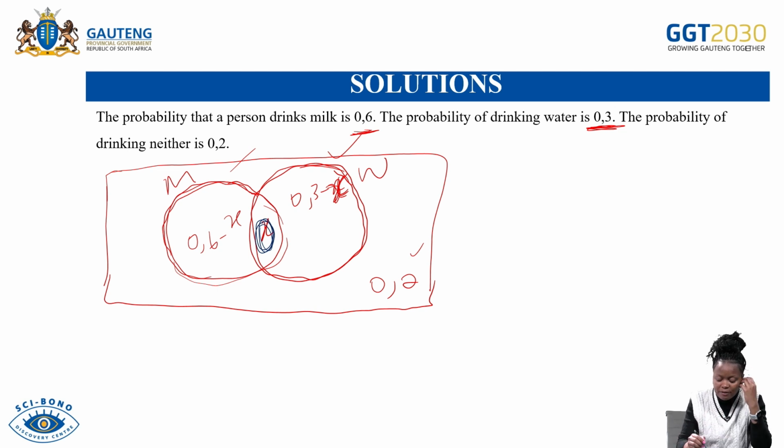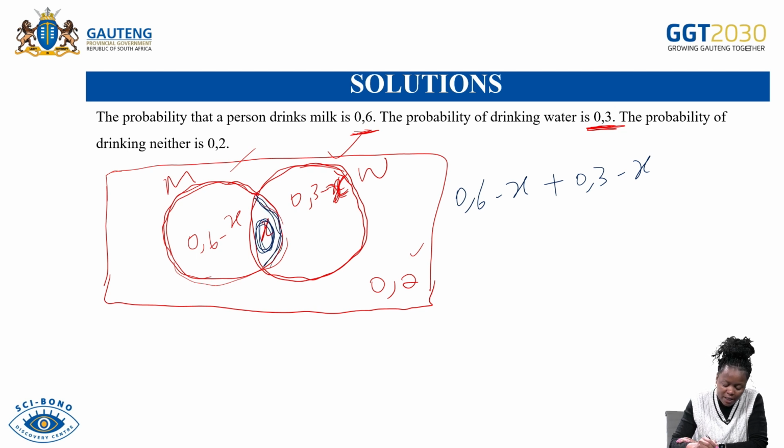So it means if I say 0.6 minus X, I'm taking everything under milk, and then plus everything under water, it's going to be 0.3 minus X. I'm not going to take this X again because already I've taken it when I was dealing with the milk, right?